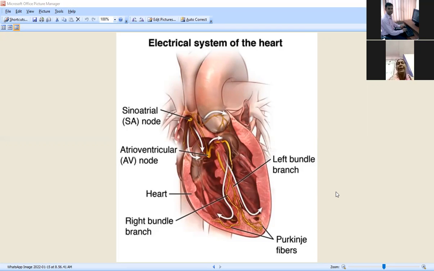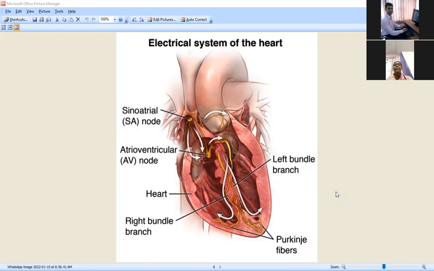Here it is written right bundle and left bundle, and another name for that is the bundle of His, H capital I S, bundle of His, which carries electrical signals to the whole ventricle.